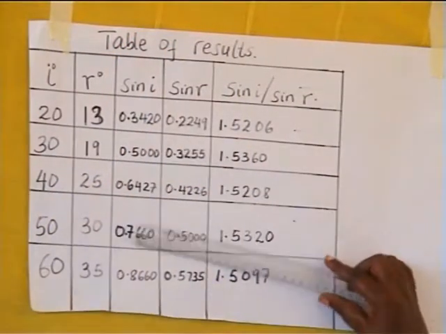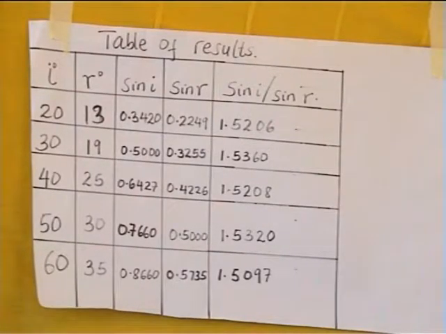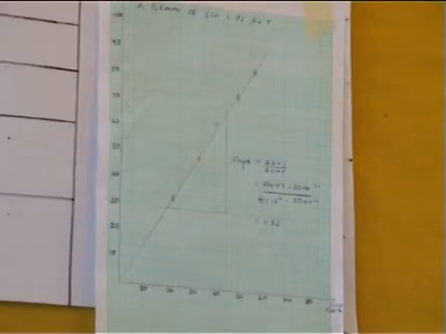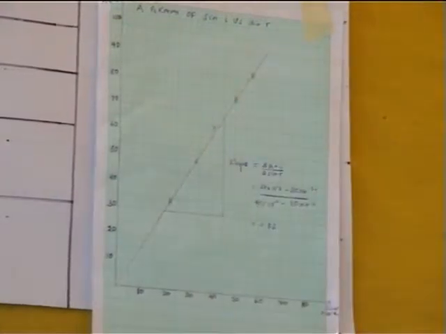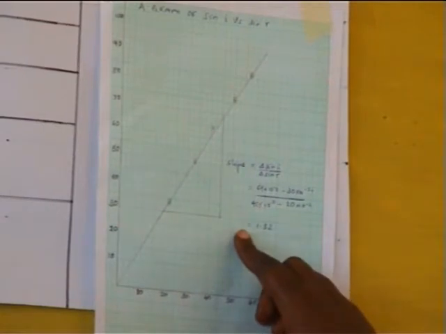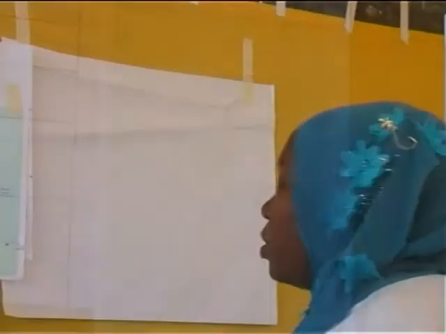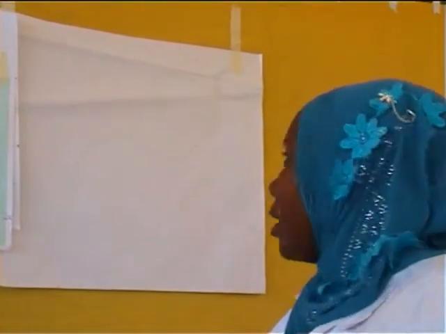Using the obtained data, draw a graph of sine i against sine r. Here is the graph of sine i against sine r, and from there find the slope of the graph. The slope of the graph is the change of sine i over the change of sine r.